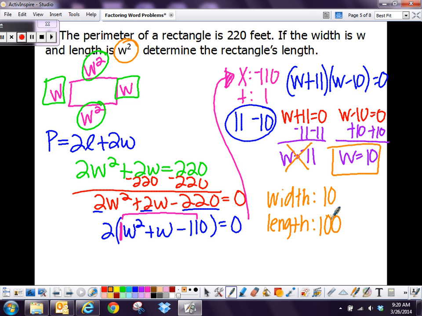If I wanted to check this, I could. I'm just going to draw another rectangle, and I know that each width is 10, each length is 100, and if I add up all those sides, then I get a perimeter of 220.